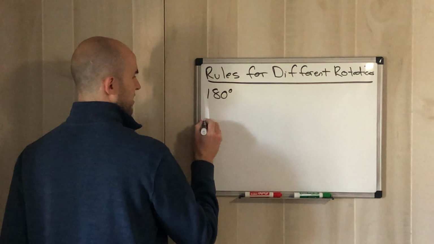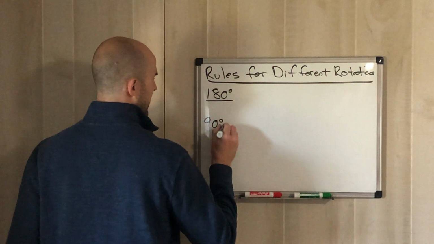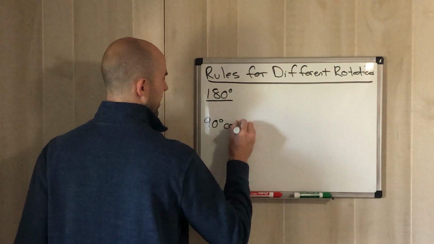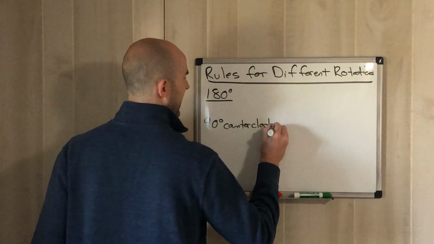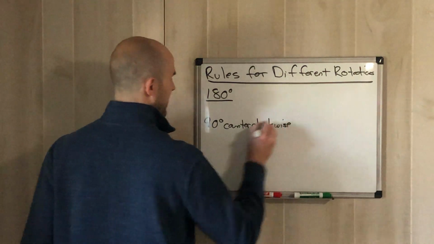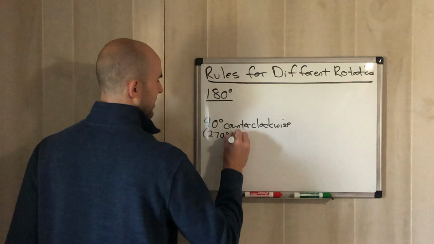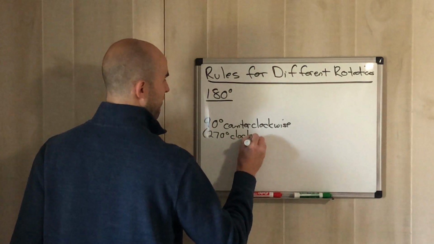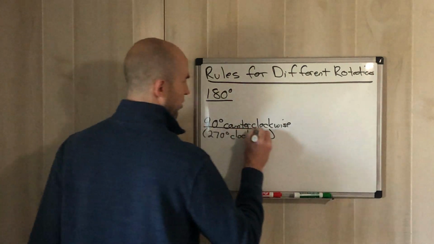So we have a 180 degree rotation, right? We have a 90-degree counter, right? And if we have 90-degree counterclockwise, it's the same thing as calling it 270 clockwise. Because again, whenever you have rotations, each one can be represented two different ways, right?